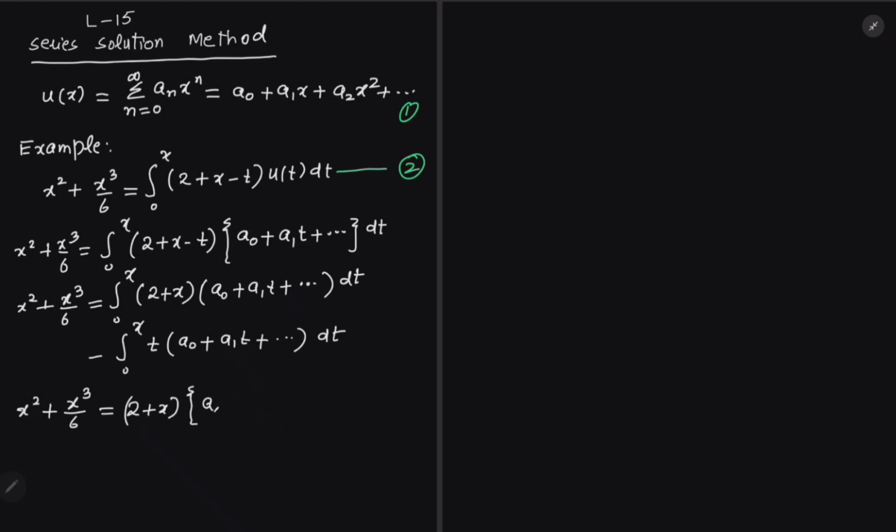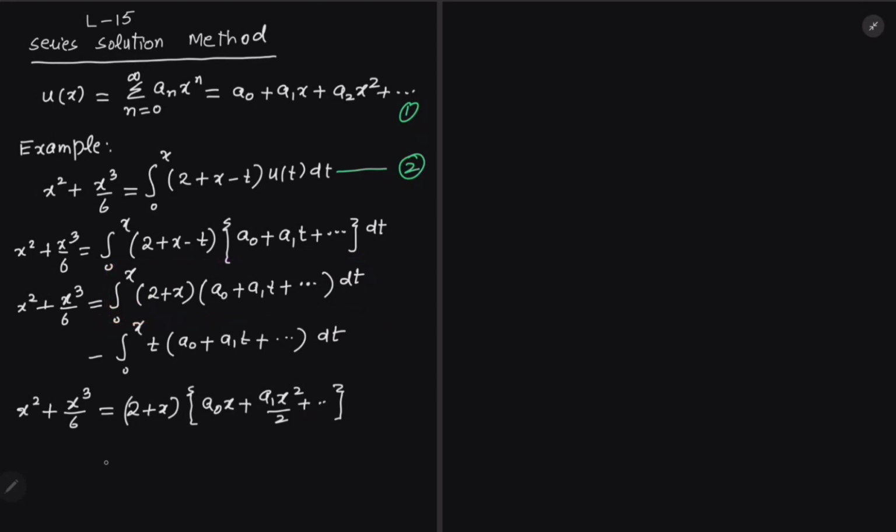So finally we have a naught x. Similarly, when we integrate the second term, a1t, we have a1t square by 2, and the limit is from 0 to x, so that will be a1 x square by 2, and so on. That is our first answer of right hand side, the first integration.